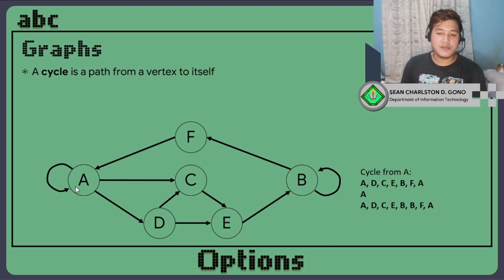We can also use the path example that we have earlier, so that's A, D, C, E, B, F. And we can also use the vertices that loop from themselves, so that's A, D, C, E, B, B, F, A. So those are the possible cycles in this specific graph.